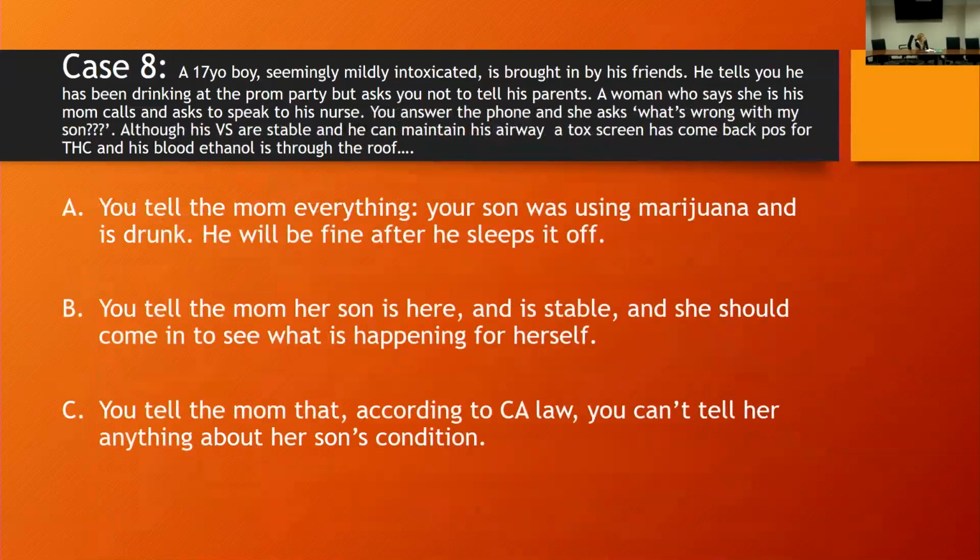If the child is doing badly, you ask the parent to come in, then you can talk about marijuana and alcohol and all that stuff, in a life-threatening situation where he's being intubated and the blood pressure is falling.